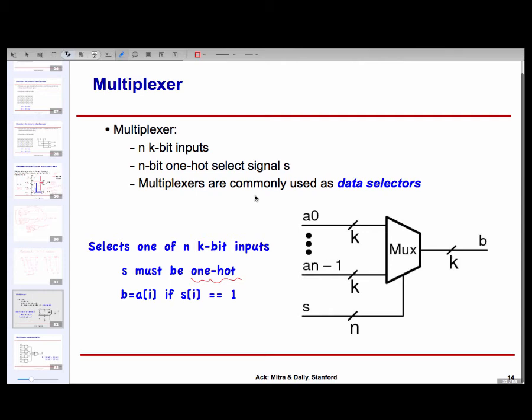In Logisim, they have two types of multiplexers. One where the S is one-hot coded. I think they also have a version where S is binary coded. If S is binary coded, then it will have log2 n bits, as opposed to n bits. But the same purpose. If I want to convert this multiplexer into a multiplexer where the control is binary coded, how will you do it?